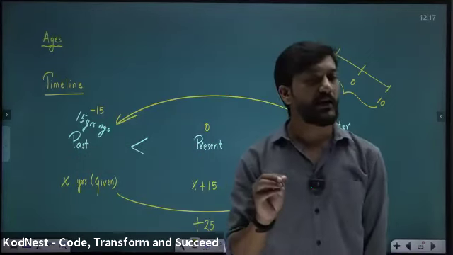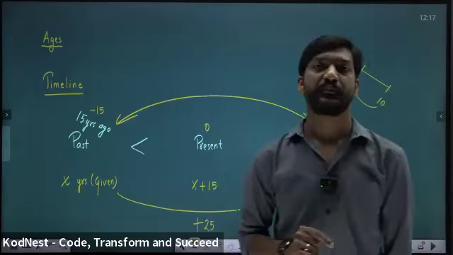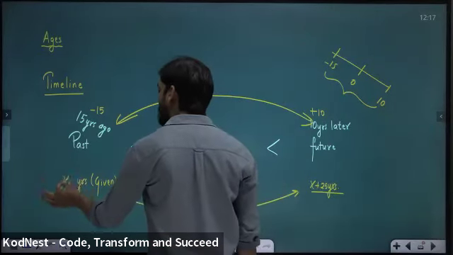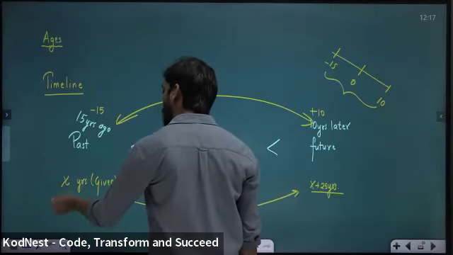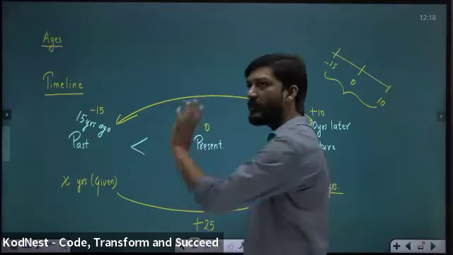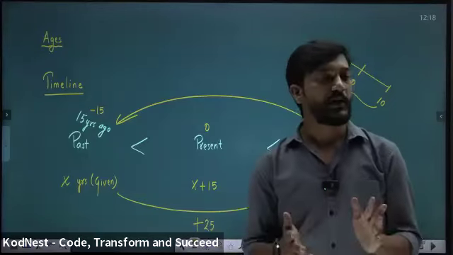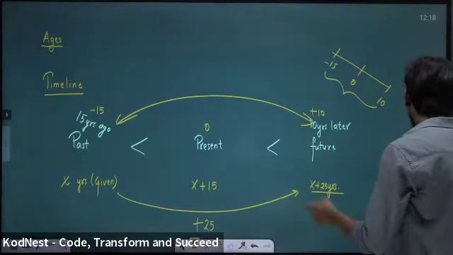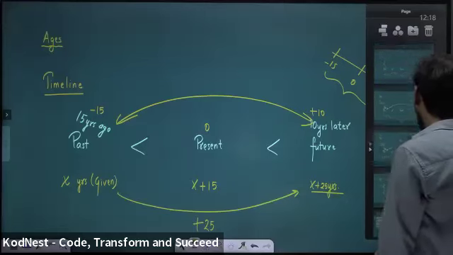But very rarely I will take x. I can take 2x also, 3x, 4x, 2y, 3y, 4y, 5y, 10y, 15y. Anything can be taken. What to take, we will see from the question. We cannot directly tell. But we used to take x in the school.